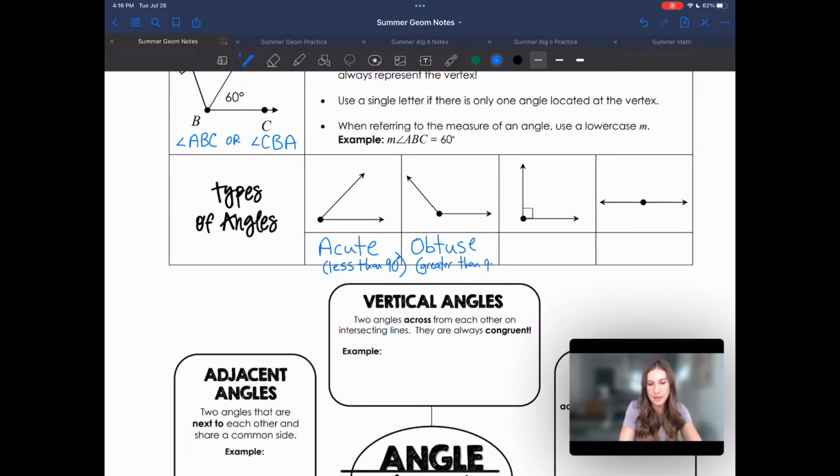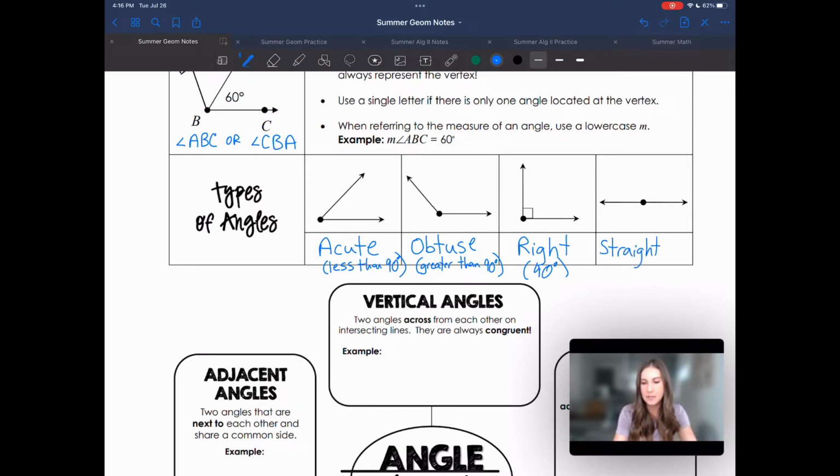Greater than 90 degrees. And then this one is exactly 90 degrees, so we call it a right angle. That's just exactly 90 degrees. And this one is weird, and you may be like, well, that's just a straight line. You're not wrong. We would call that a line. You can also call this a straight angle. I'm actually going to put the word angle on this one.